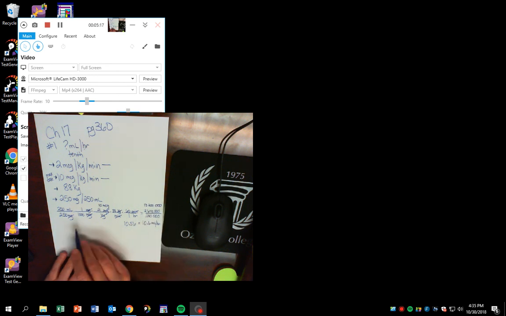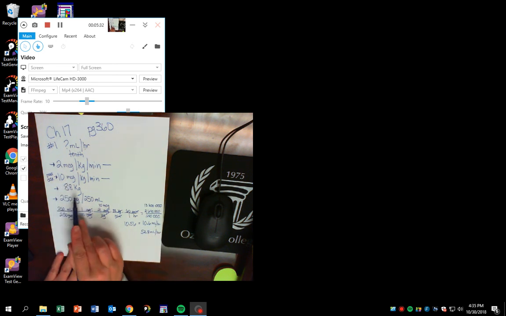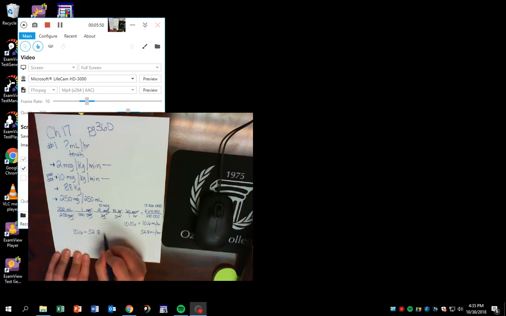And then I'm going to divide it over the same number, 250,000, and that gives me 52.8 milliliters per hour. So my range for a patient having 2 micrograms per kilogram per minute to 10 micrograms per kilogram per minute and them weighing 88 kilograms with this strength of our drug would give us 10.6 to 52.8 milliliters per hour.